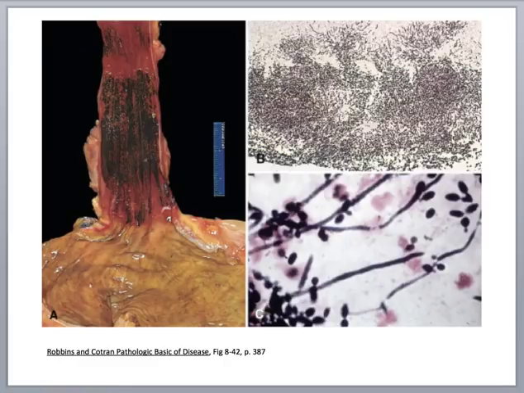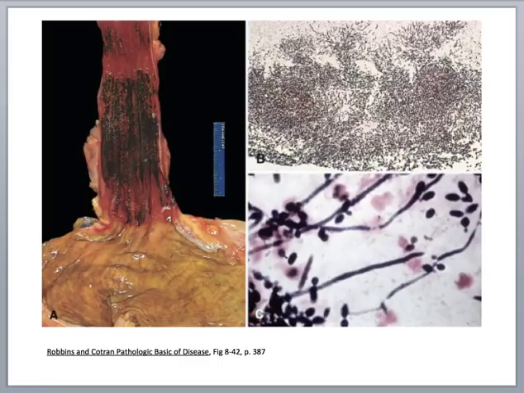These are some images of candidal esophagitis. The panel of the gross gastroesophageal junction in panel A shows a dark discoloration of the mucosal surface. The microscopic appearance in panels B and C show mats of yeast forming on the surface and invading into the underlying mucosa.